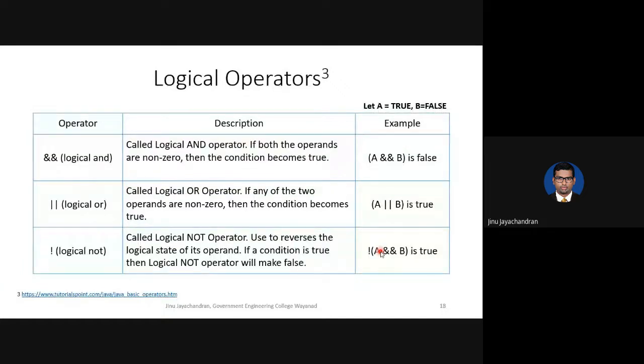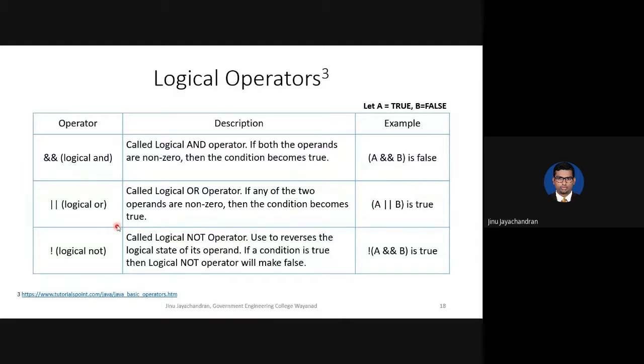Now there is the logical operation. Logical operation means that if you want to check multiple conditions at the same time. For example, ampersand means logical AND. Let's say a is true and b is false. If you check a ampersand b, it is basically saying that if a is true and b is also true, then the output is true.